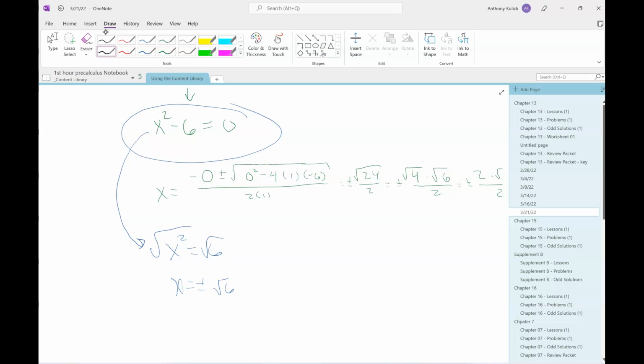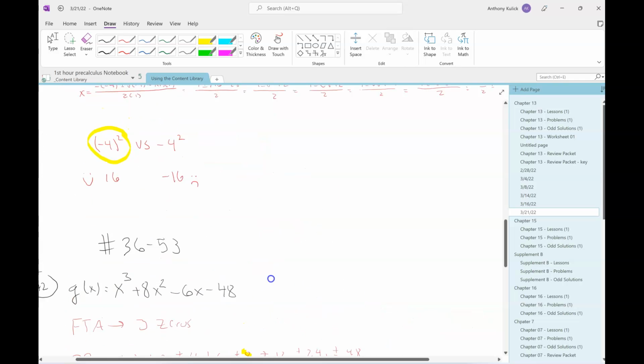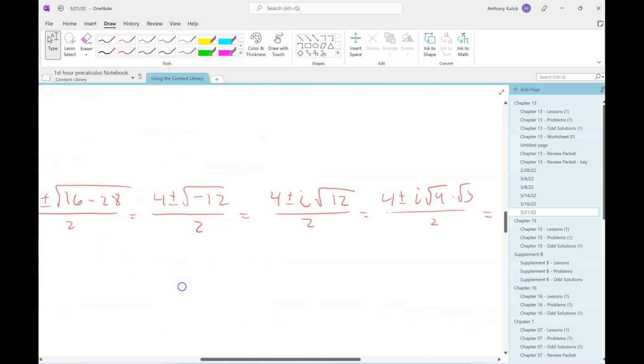Leo, what's up? One question is, where did the I come from in the last problem? Yeah, sure. So the I came from the negative under the square root. The negative turned into the I, and then we just left the 12 where it was. Doesn't I have to do something with like negative 2 also?